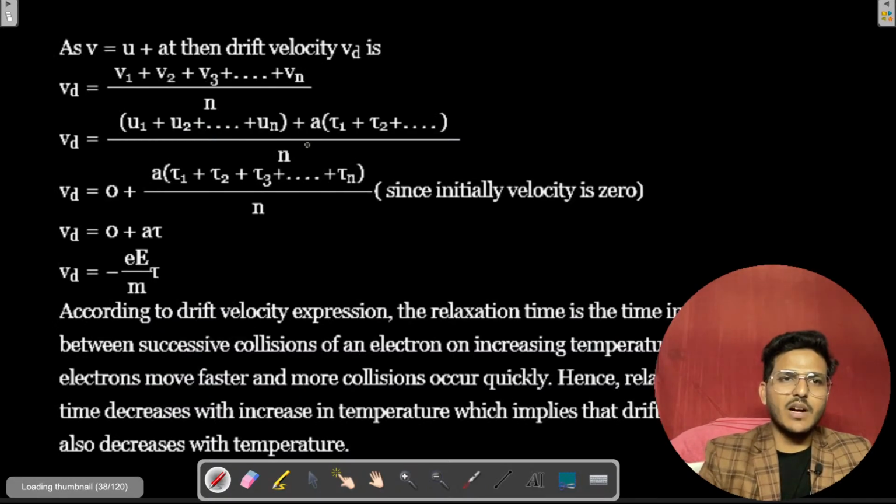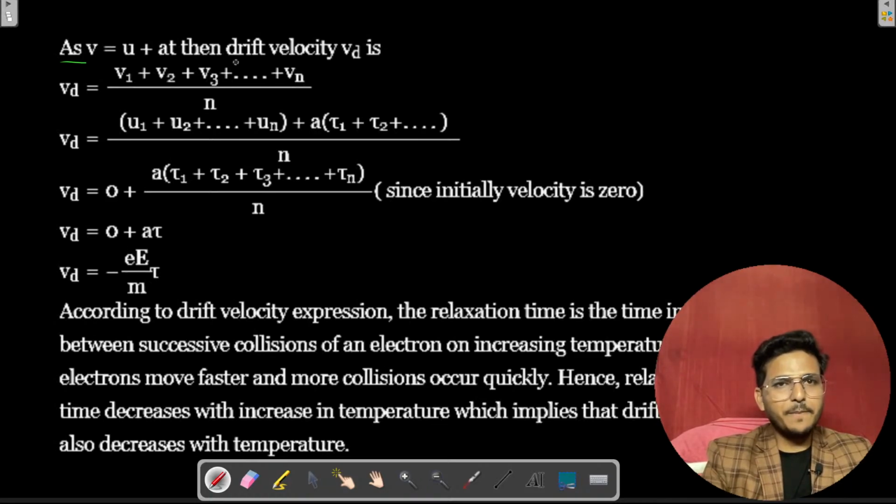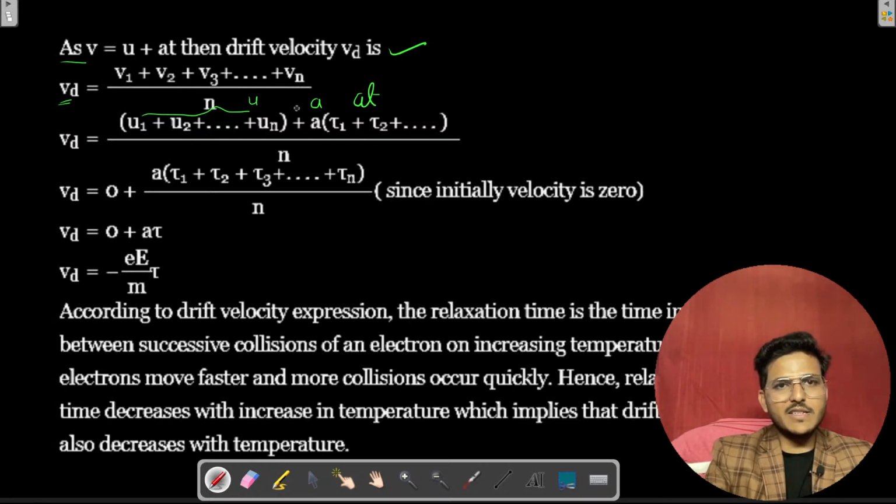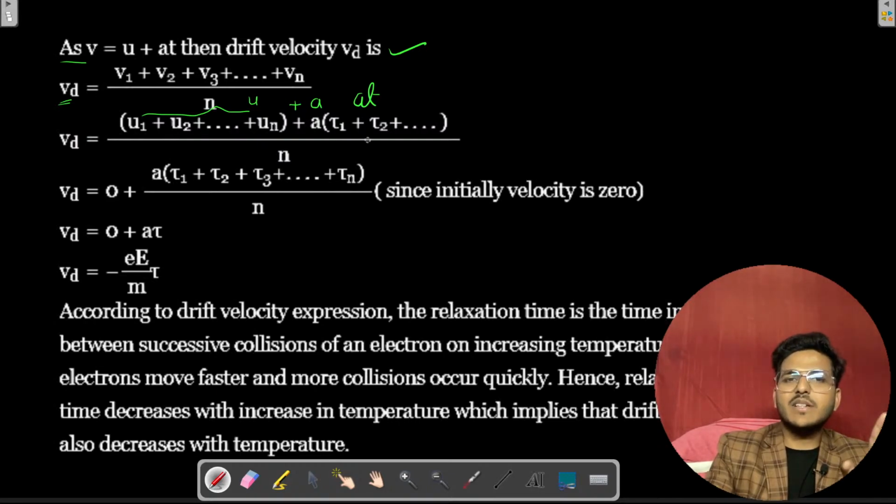Now, as v equals u plus at, the drift velocity is vd. So vd is (v1 plus v2 plus v3 up to vn) upon n. This is basically u plus at, where u is (u1 plus u2 up to un), a is the same, and t is (t1 plus t2 up to tn) upon n.